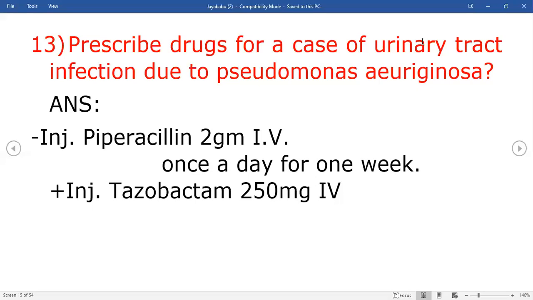So a typical prescription consists of superscription, that is RX, meaning take thou, an offering to the Greek god Jupiter, and then inscription, where you write the tablets, and then subscription, giving direction to the pharmacist on how to give the drugs to the patient, and then transcription, giving direction to the patient on how and when to take the tablets, and on the right side down, the doctor's initial with stamp.